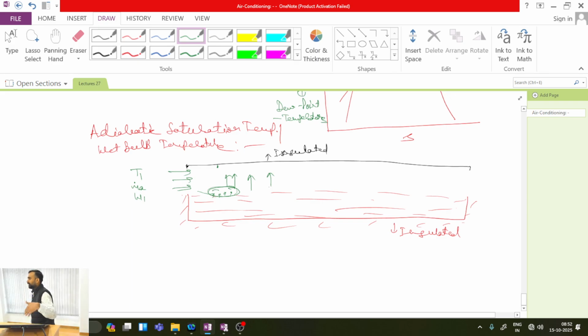And this diffusion will keep on happening. Now if I have an infinitely long pool, after a certain time I will find, because initially here vapor is significant and here less, diffusion will be fast. But as I keep moving, some vapor has already diffused from the initial portion, so here also the vapor concentration is continuously increasing.